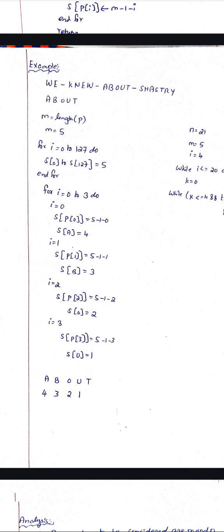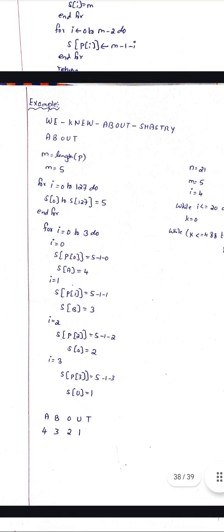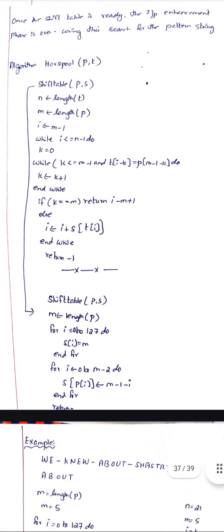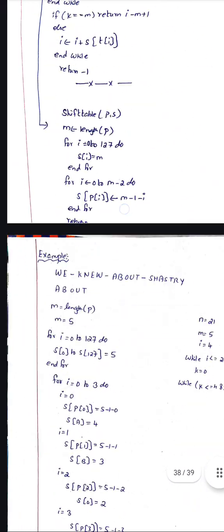And we also do this for i from 0 to 3: S of P of i equals m minus 1 minus i. M is 5 because the pattern string length is 5. That's why we have taken 5. This is the tracing of the shift table.